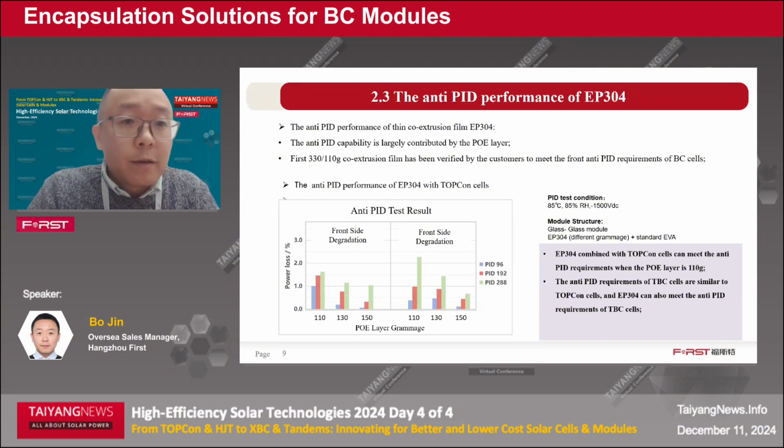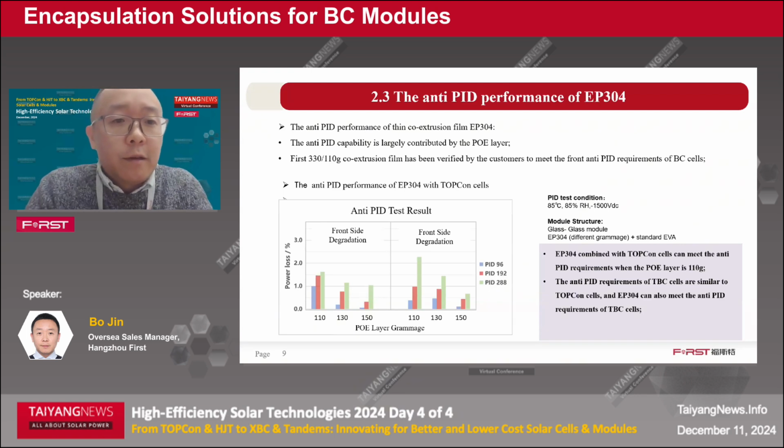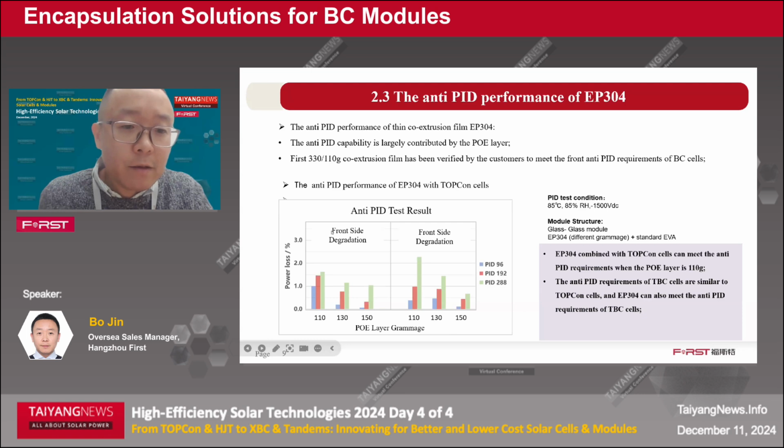As I introduced, the anti-PID property is offered from the POE layer in the middle, and the grammage can be like 330 grammage for EPE material, and the POE layer in the middle can keep 110 grammage, and that is actually enough for the anti-PID property for cell protection. Here we could share some reliability test results.